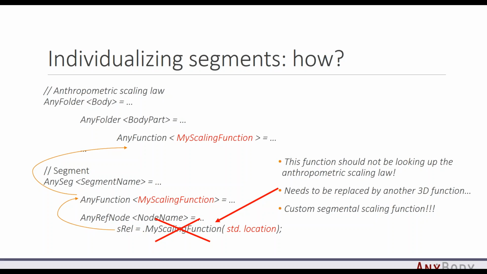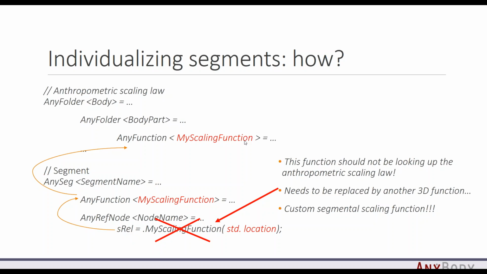So how do we do that? If you remember from a few slides back, I said that our model is organized so that we have an anthropometric scaling law folder somewhere which contains a scaling function, which is a 3D function that is being used to process our muscle attachment nodes.